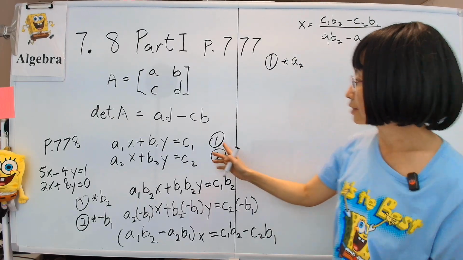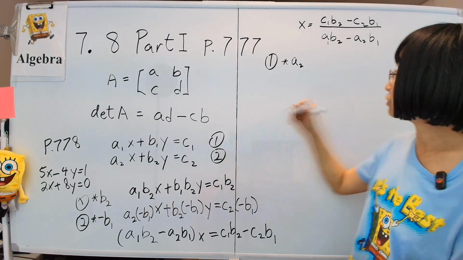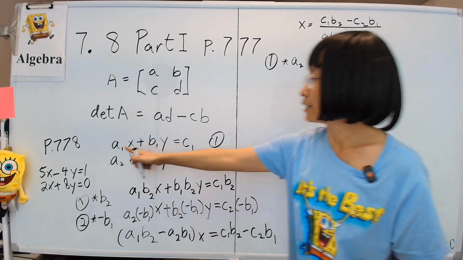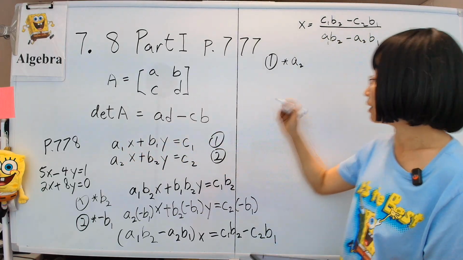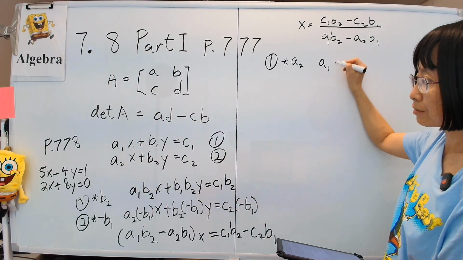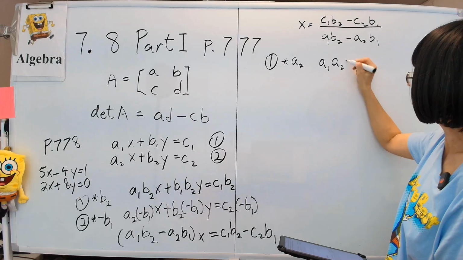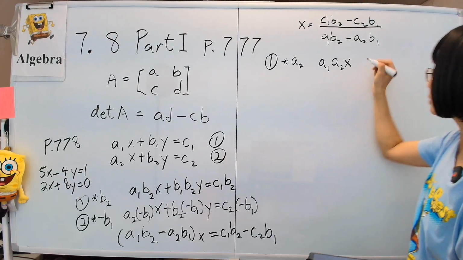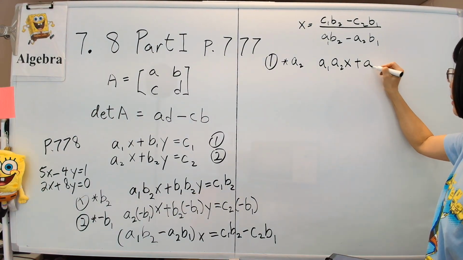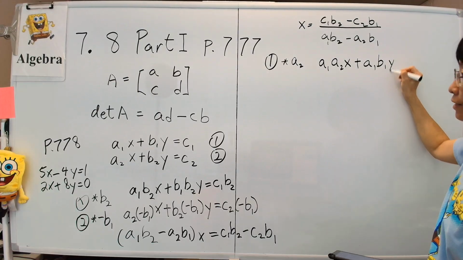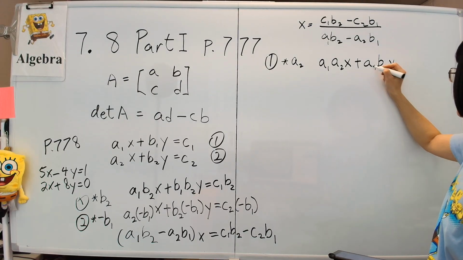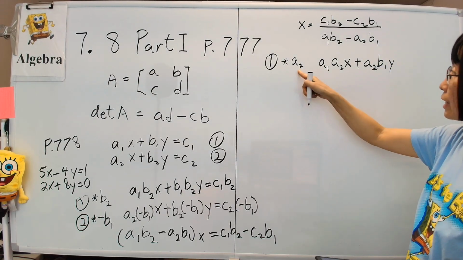So let's do that. Equation 1 times A2 gets us A1 A2 x plus A2 B1 y, because we're multiplying by A2.